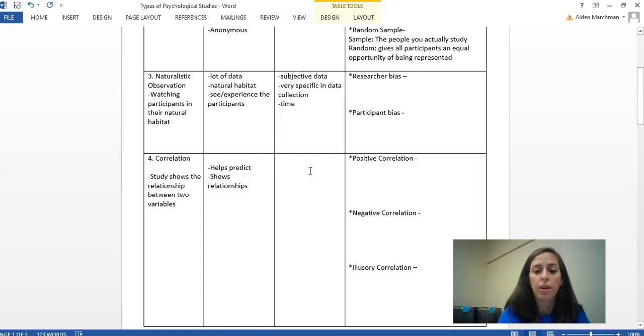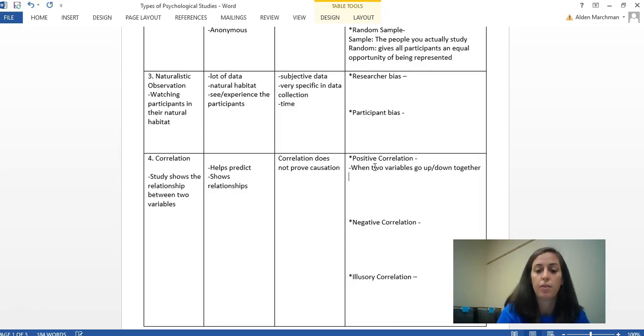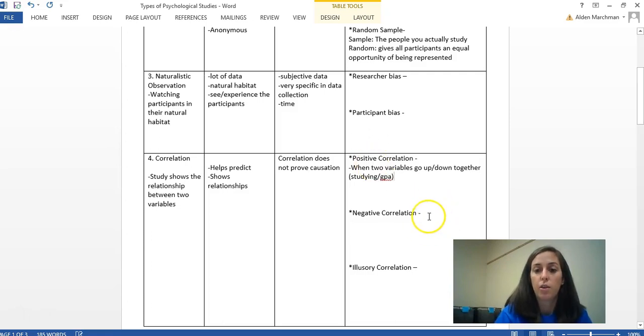Okay, we said a positive correlation is when two variables go up or down together. I'm going to write this in your terms. So that would be studying and GPA. And then a negative correlation would be when one variable goes up and the other goes down.